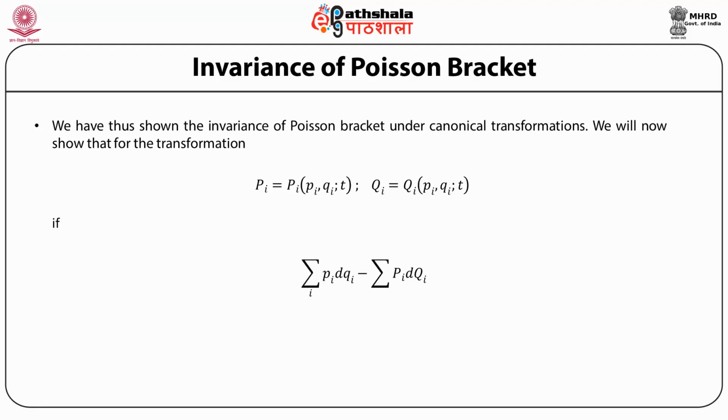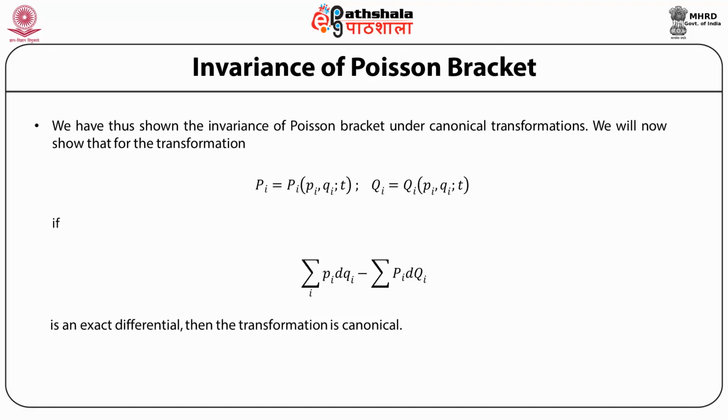We will now show that for the transformation to the new momenta Pi, which is a function of the old coordinates and momenta, and the new coordinate Qi, which is a function of the old coordinates and momenta, the expression sigma of the product of the old momenta pi with the old dqi, minus the sum of the product of the new momenta Pi with the differential of the new coordinate Qi, is an exact differential.